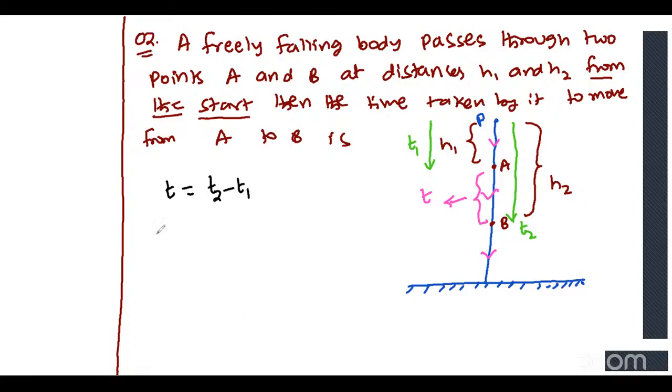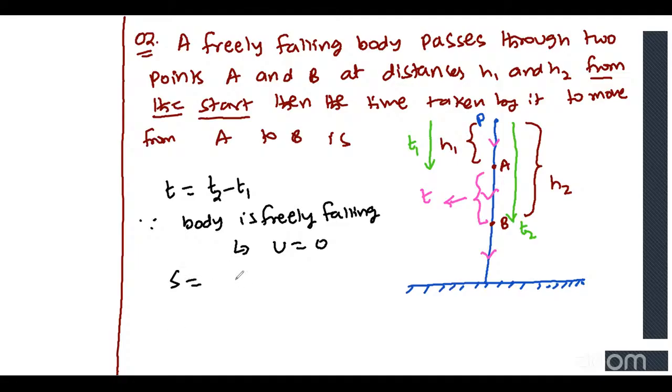Since the body is freely falling, what is the initial velocity? 0. So u equals 0. By using the principle s equals ut plus half at square, first P to A, the distance traveled is h1.